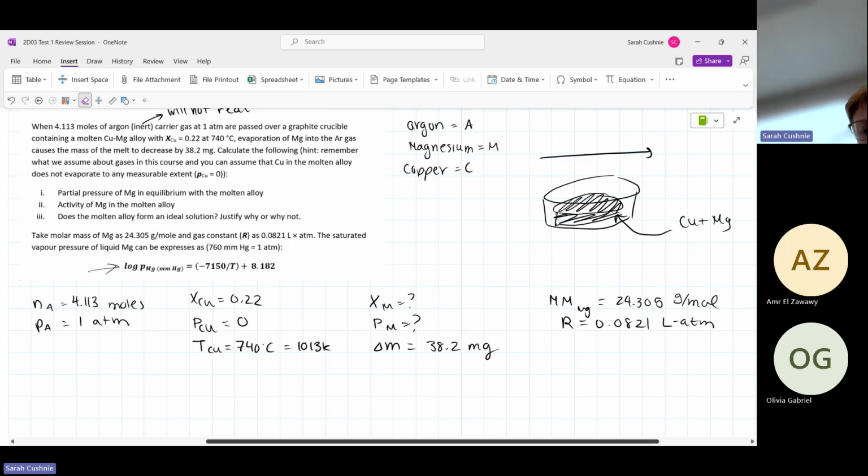And then we pass argon over top. And as we pass this argon over top, some of the magnesium leaves the molten alloy and goes into the air as Mg. And we know how much we're going to lose, we can figure out based off the change in mass. So that's what we're going to be dealing with.